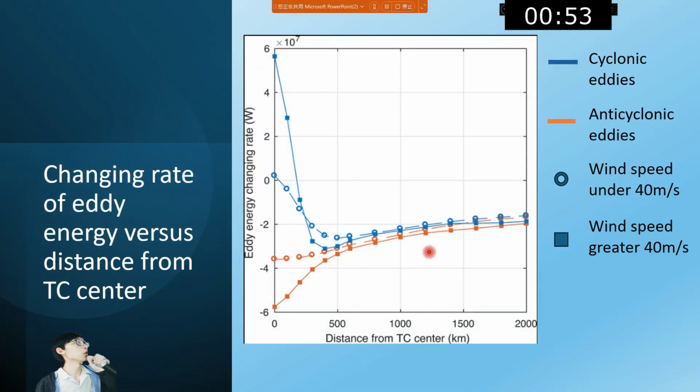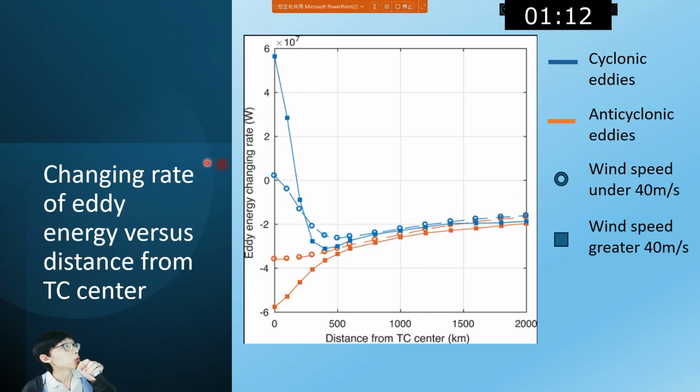This picture is the changing rates of AD energy versus distance from the TC center. We can see the blue curve is cyclonic eddies, and the orange curve is the anticyclonic eddies.